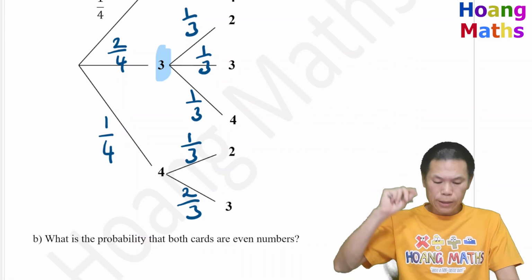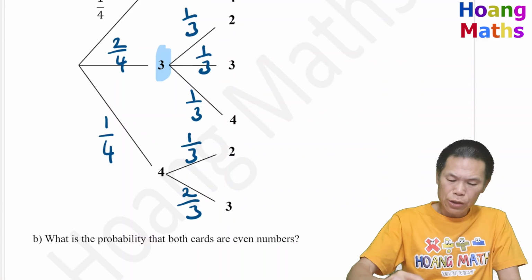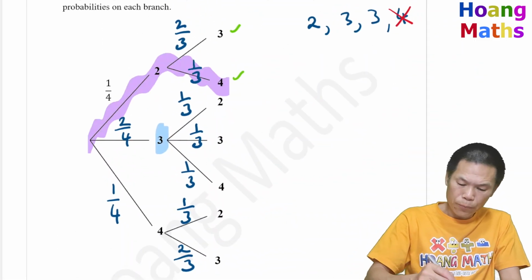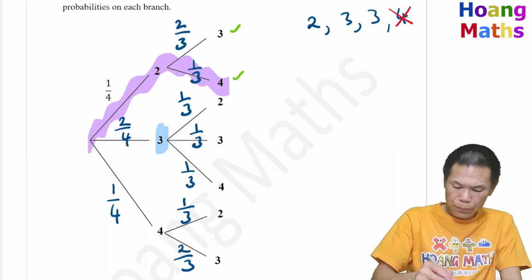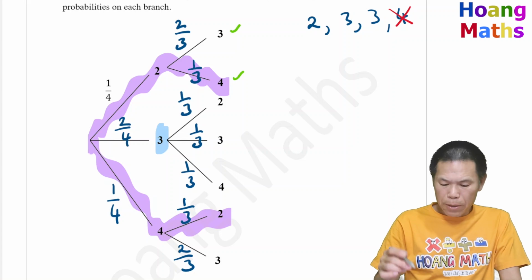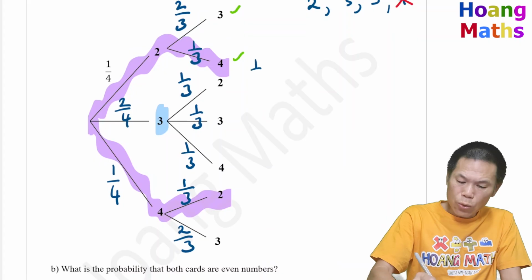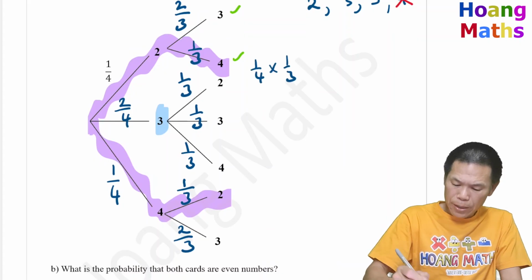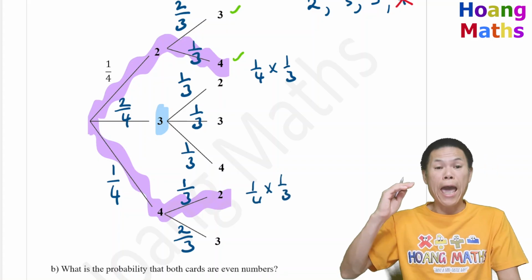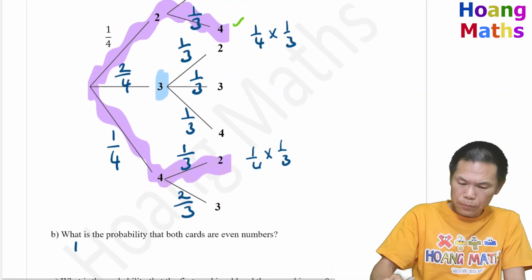Part B. What is the probability that both cards are even numbers? So both are even. This means 2, 4, and 4, 2. And that's it. So we have these 2 branches there. 1/4 times 1/3, and then this one here, 1/4 times 1/3, and we just add them together.